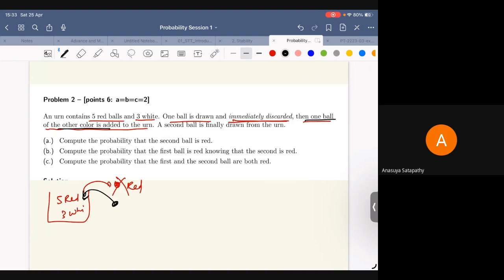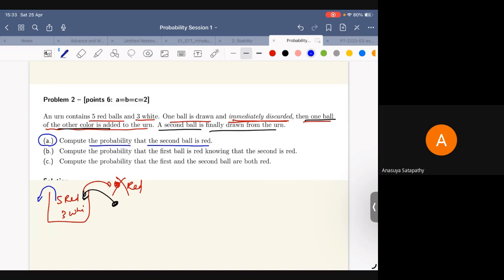A second ball is finally drawn from the urn. Now you have to draw one more ball from the urn, and we don't know, it can be red, it can be white, but we have to check what the question is saying. The question is saying compute the probability that the second ball is red.